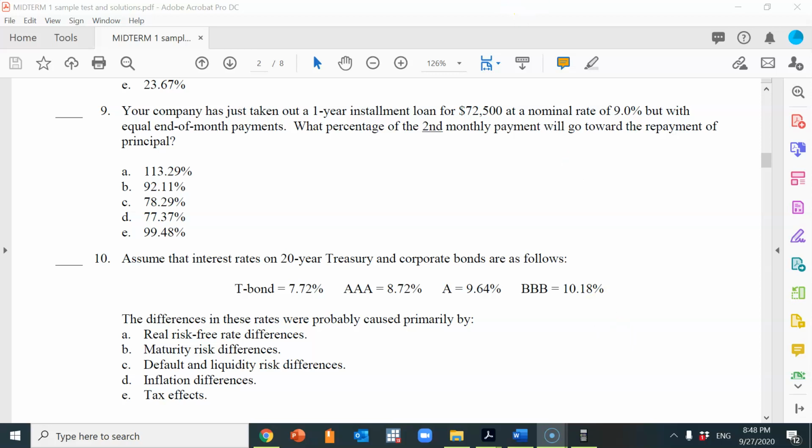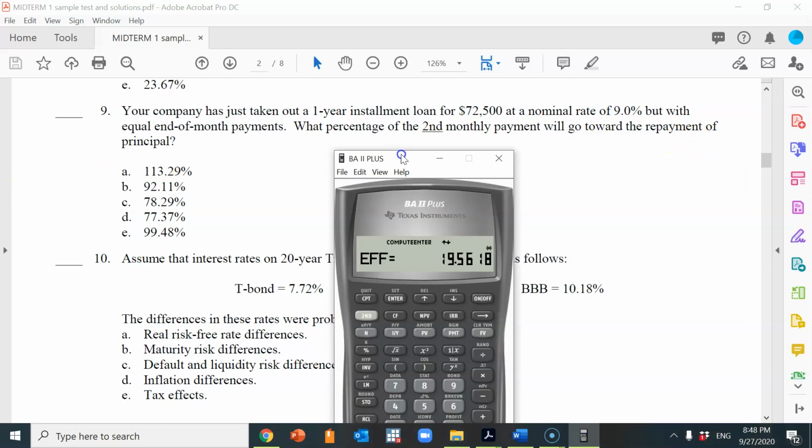So this is testing us on the knowledge of amortization loans. The most convenient way is to use our financial calculator to solve for the monthly payment first, and then use our amortization table to solve for the second monthly payment percentage for repayment of principal.